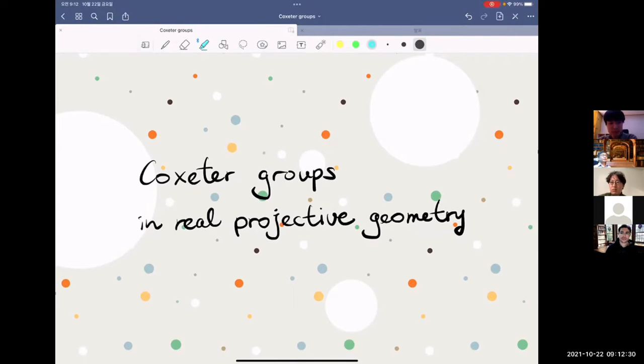Today, I try to continue this lecture about the Coxeter groups in real projective geometry. Let's try to remember what we learned in the last lectures.